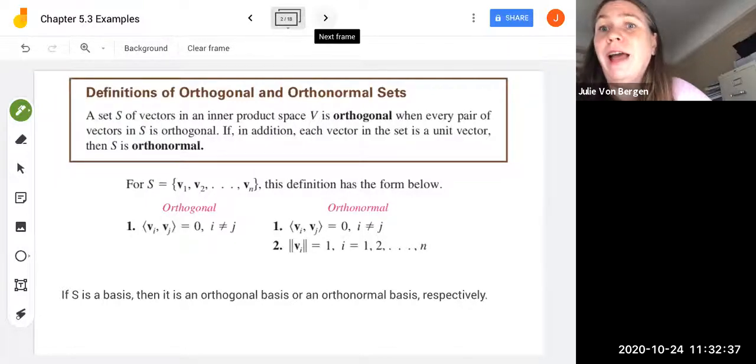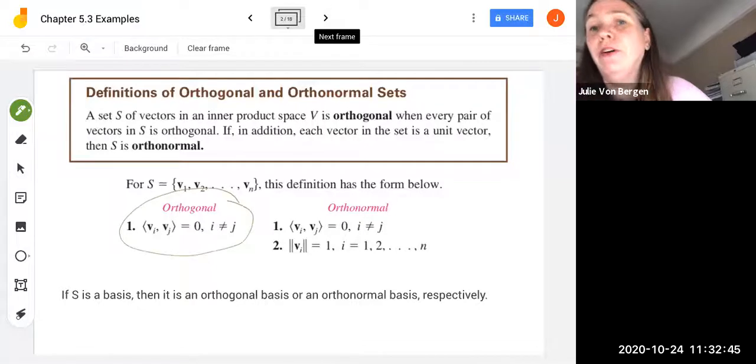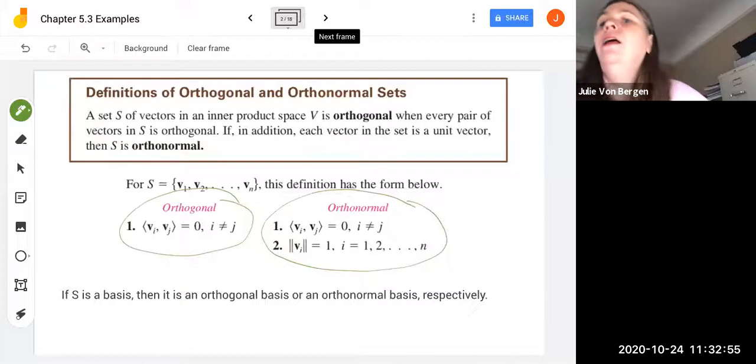For S with vectors V1 through Vn here, we can look at the definition in two forms. First, orthogonal is when your inner product is 0 for every i and j that are distinct vectors in your set. And then it's orthonormal if you have that first property, that the inner product is 0 for every pair of distinct vectors, but also the norm is 1 for each vector, 1 through n, in the set.